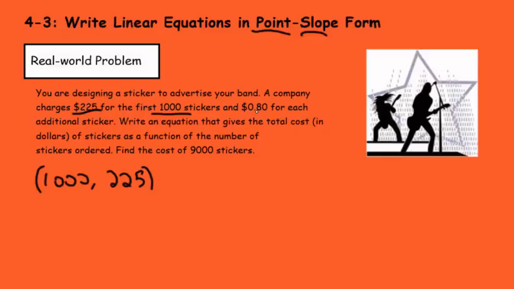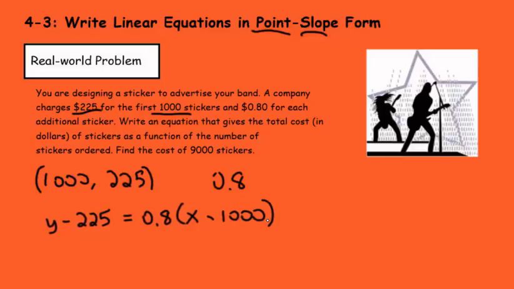That means the rate of change, or the slope, is 0.8 or 0.80. So now we can create our point-slope equation. We have y minus y1, y minus 225, equaling the slope, which is 0.8, and that's times x minus 1,000.